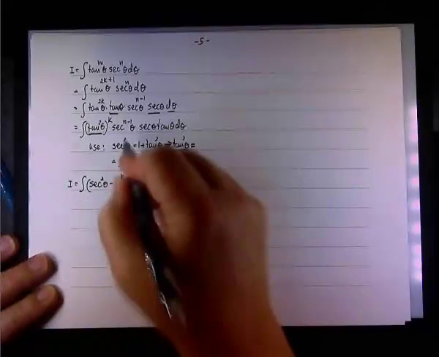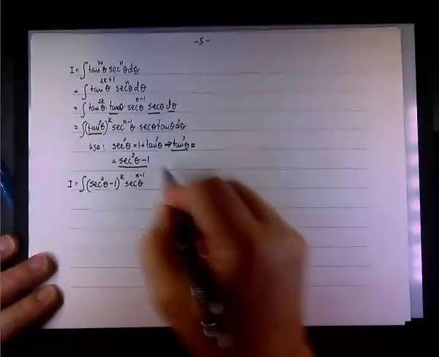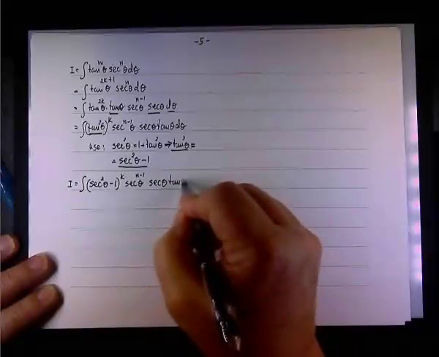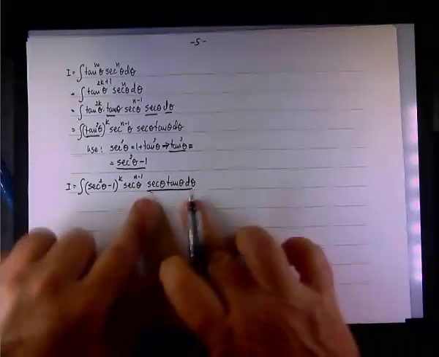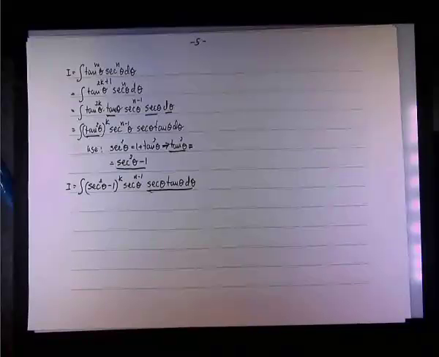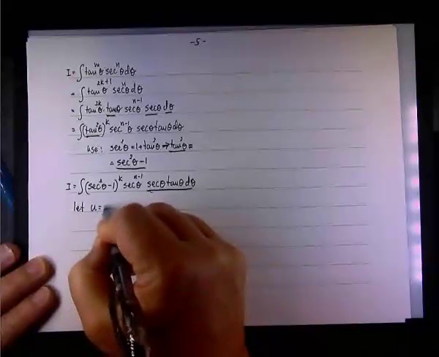So we have secant squared theta minus 1 raised to the power of k times the secant raised to the power of n minus 1, and plus the differential secant theta tangent theta d theta. What we accomplish here, this is the derivative of the secant, and everything else is expressed in terms of the secant.